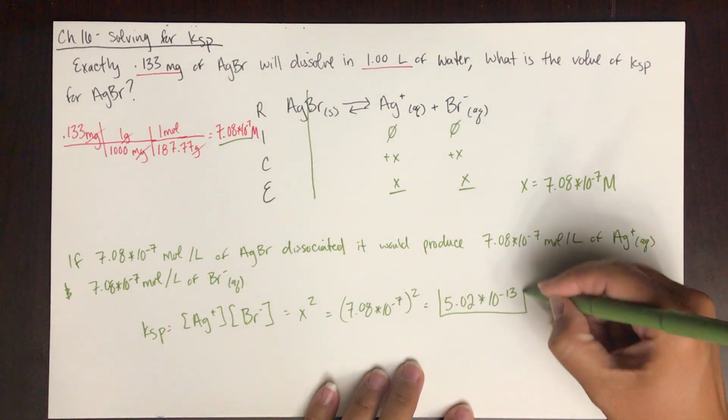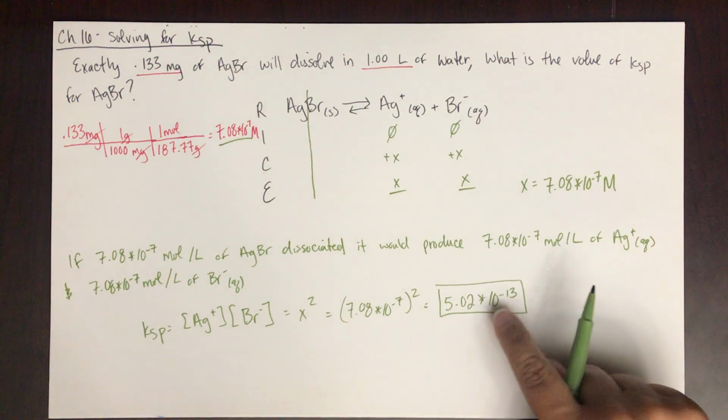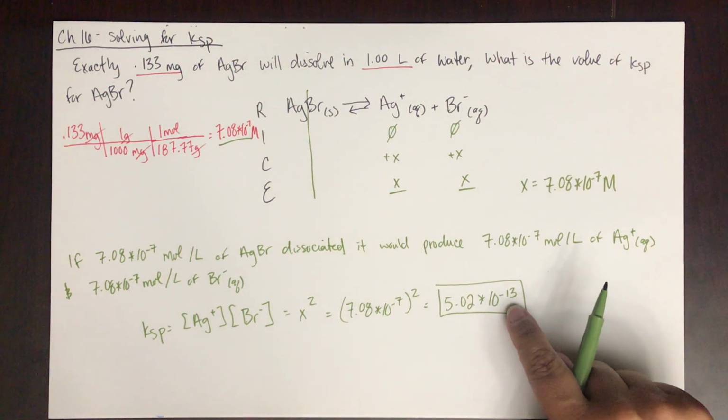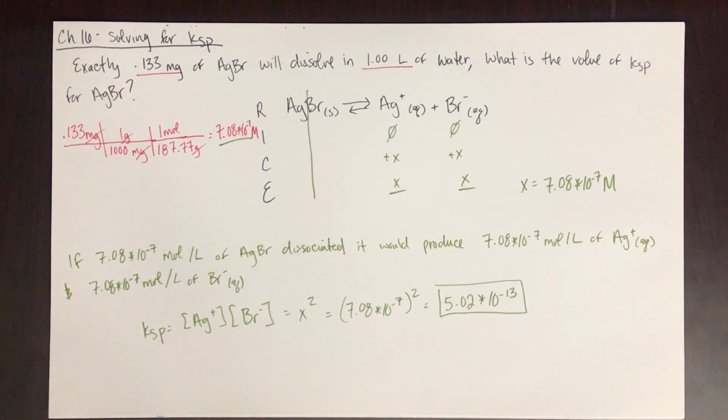So when we're talking about KSP, these are very, very small numbers because these are only slightly soluble, mostly insoluble compounds. So only 5.02 times 10 to the negative 13th broke apart compared to how much stayed together for silver 1 bromide.